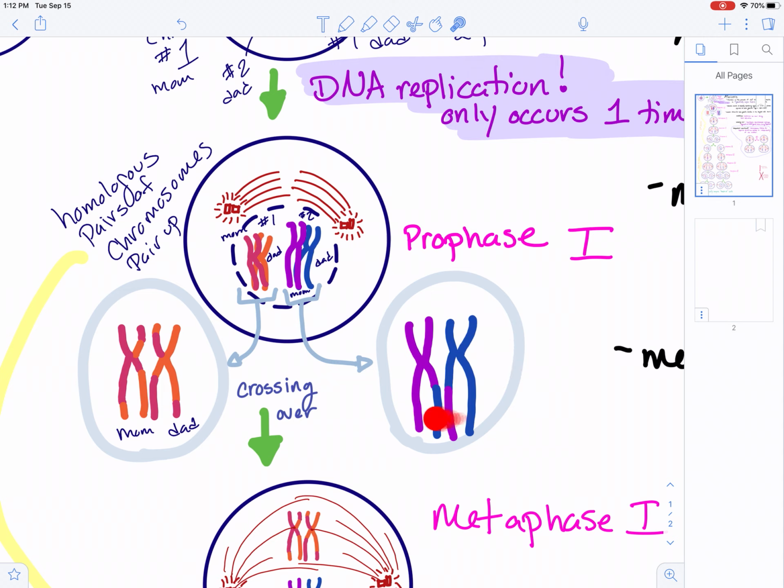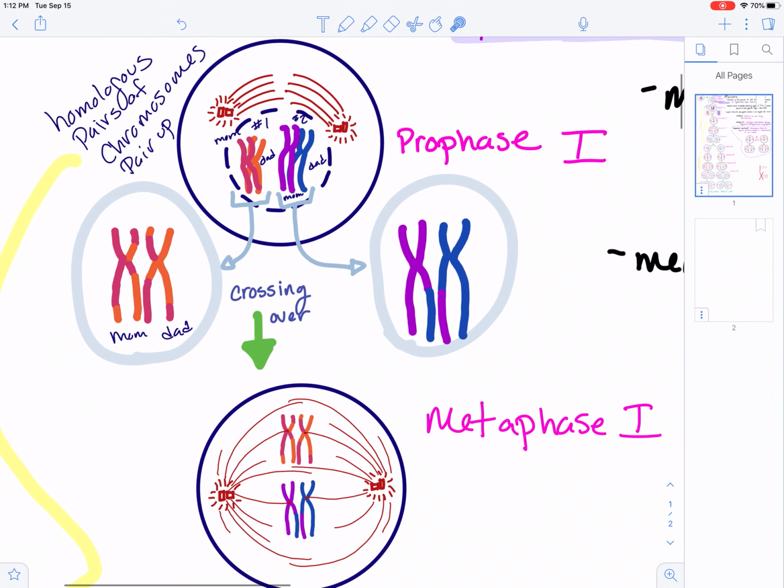That's also going to happen to this pair, and it can happen anywhere, and it's different amounts, and it just sort of depends on that particular cell at that particular moment. So we've got crossing over events that happened here and crossing over events that happened here, so there's that exchange of information. So that's one of the ways in which our gametes at the end are going to end up being very unique from one another.